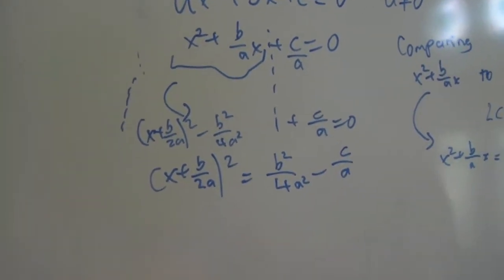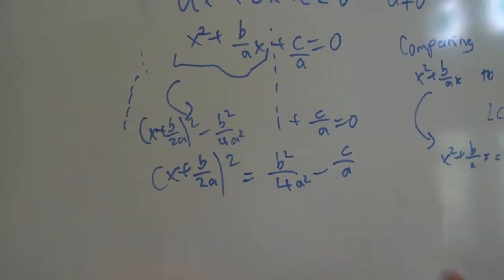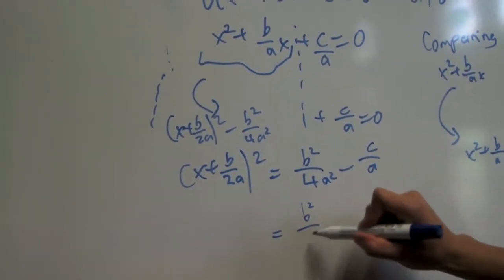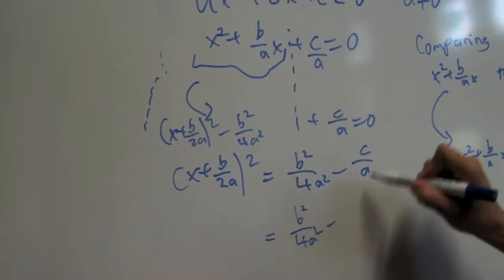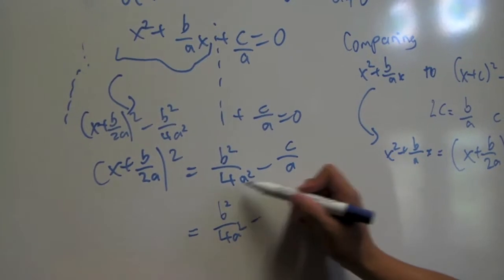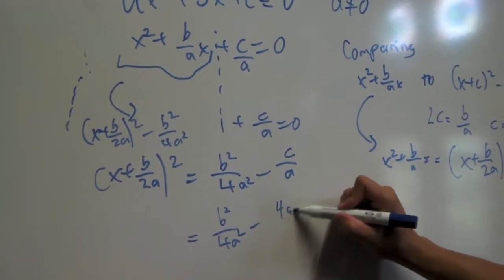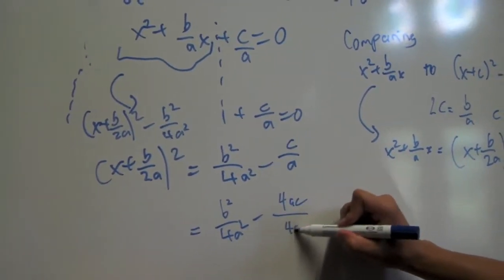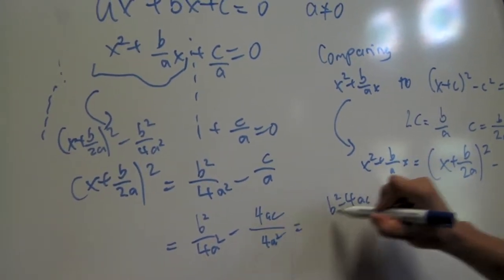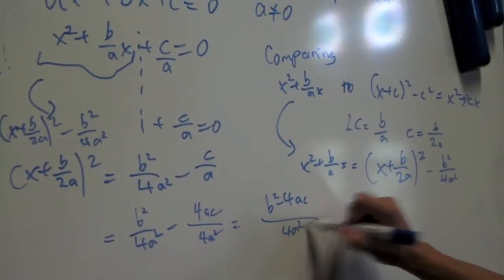This isn't looking very neat because these aren't the same denominator. So we're going to rewrite them with the same denominator. b squared on 4a squared. That's 4a squared, that's a. So multiply top and bottom by 4a. 4ac divided by 4a squared. That is b squared minus 4ac divided by 4a squared.